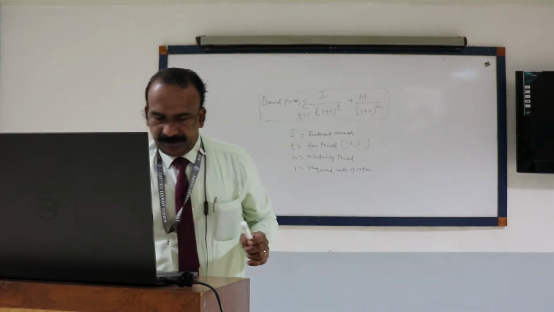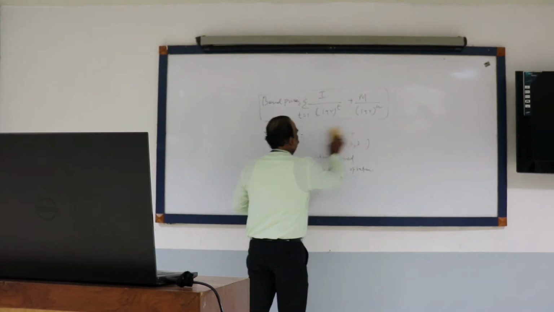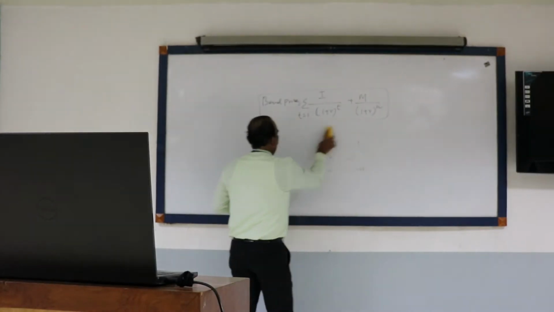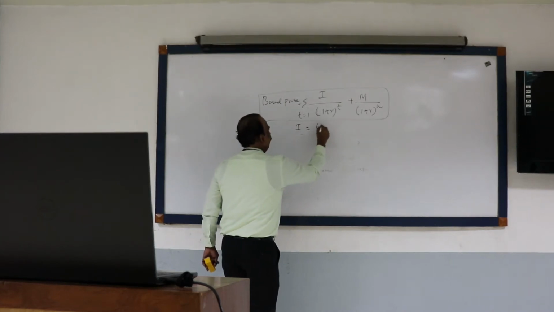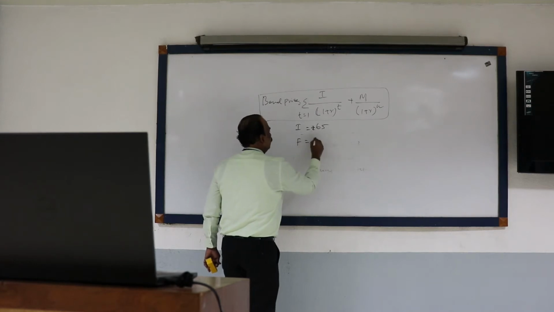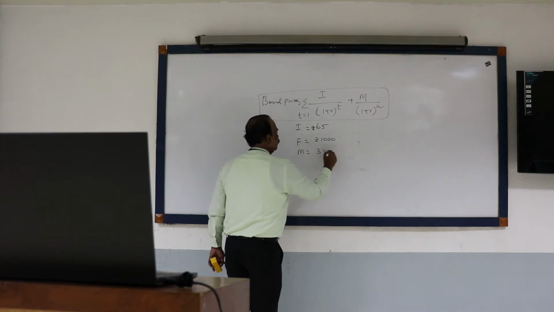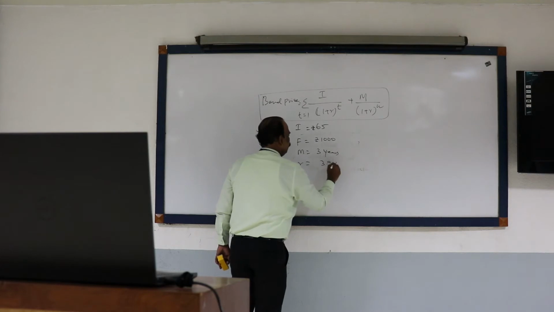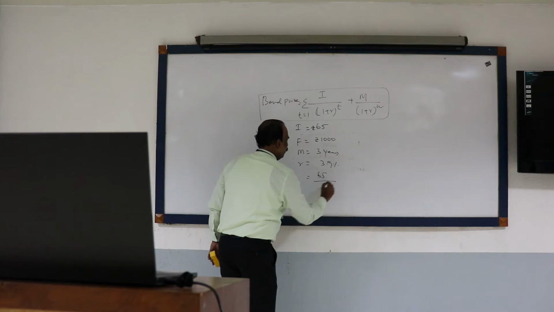So we will calculate. I, the interest amount, is 65 rupees. The face value of the bond is 1,000. Maturity period is 3 years. Required rate of return is 3.9%. So how do we calculate? That is 65 divided by 1.039 power 1.